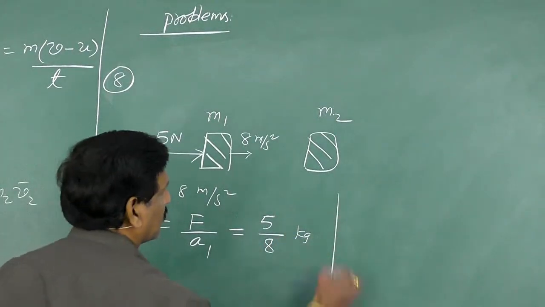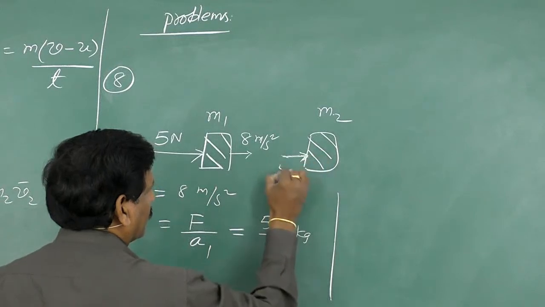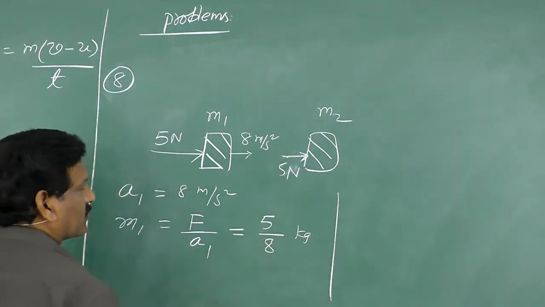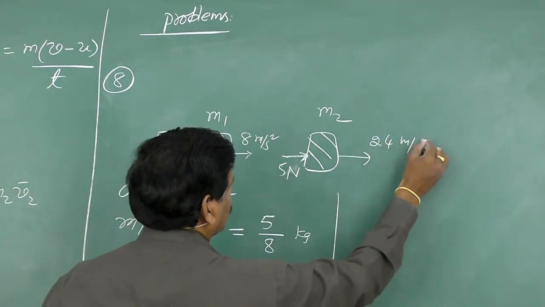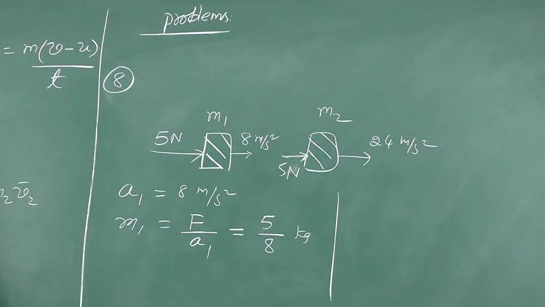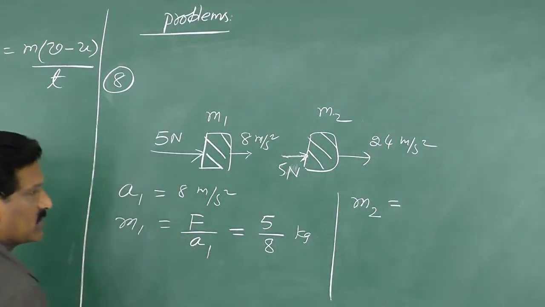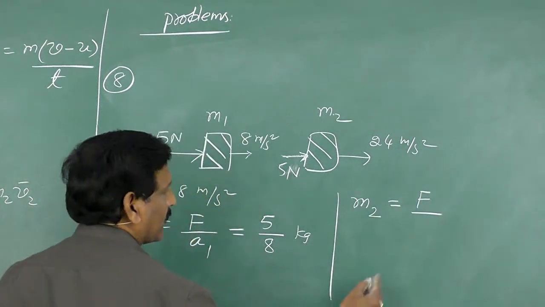Similarly, for the second body, the same force of 5 Newton is applied, producing an acceleration of 24 meter per second square. So using that data, you can calculate m2. m2 is equal to force by acceleration in the second body, a2.